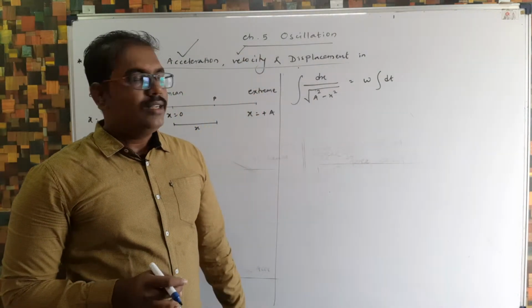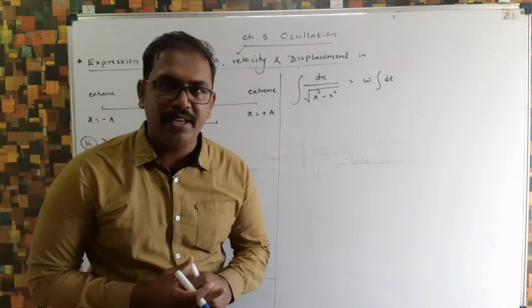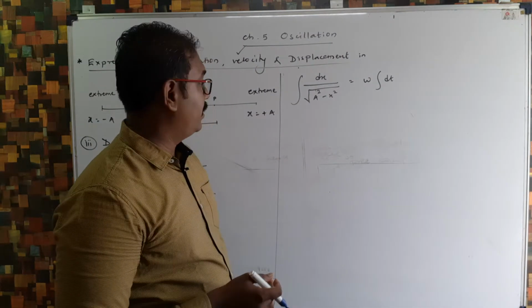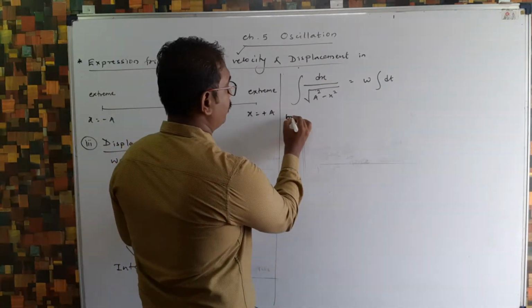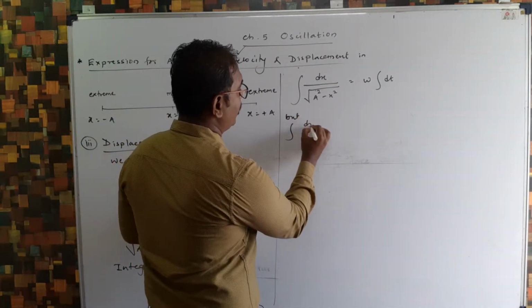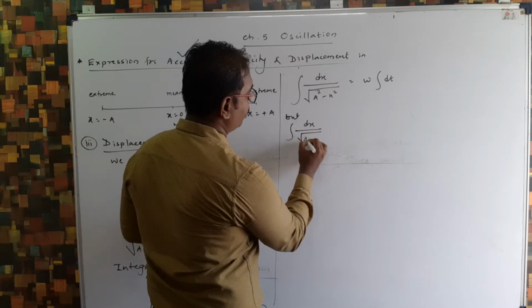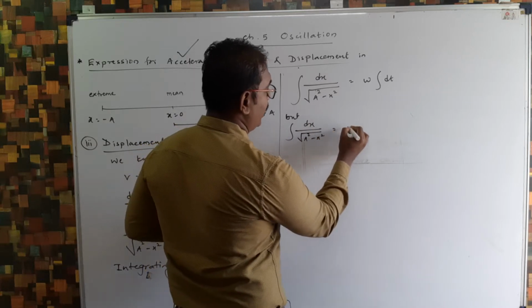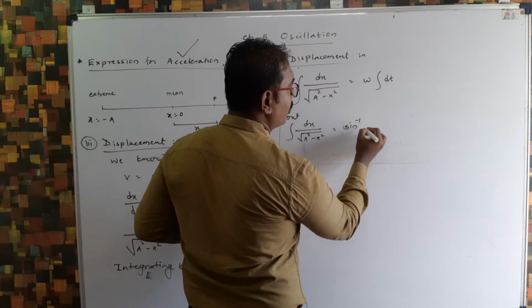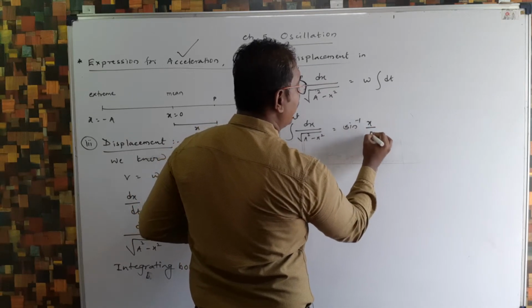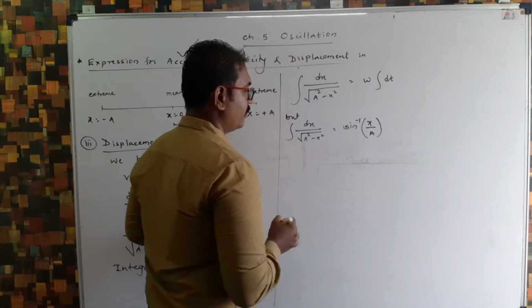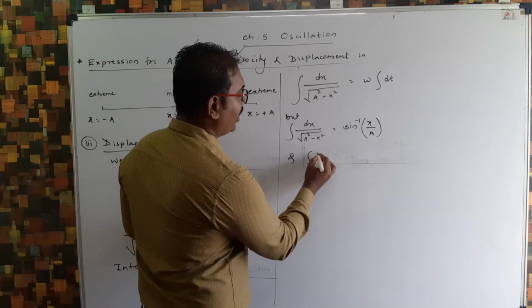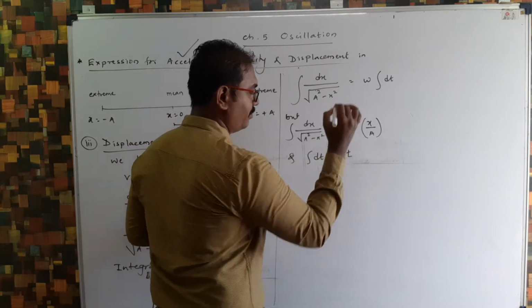Omega is constant, so integration of dt only. Now this is a standard integration, dx divided by root of a square minus x square, and it comes to sine inverse of x by a, and integration of dt is t.